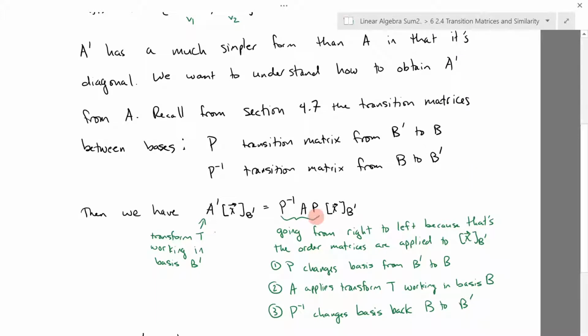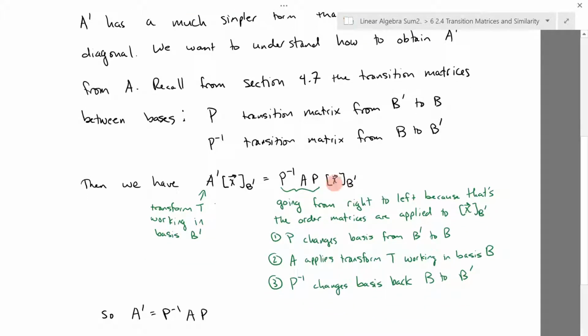In terms of the order that matrices are applied to a vector on the left, you read it from right to left. The matrix P is applied first to this vector, and then the output of that is transformed by A, and then the output of that is transformed by P inverse. So the ordering should be read from right to left.